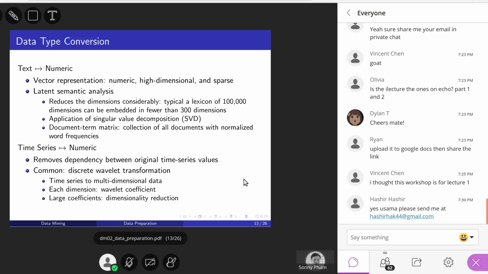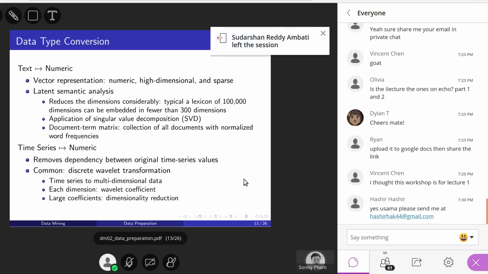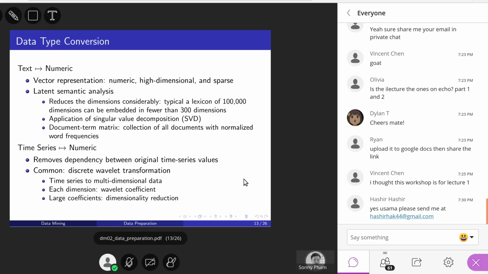Text to numeric requires a little bit of linear algebra, but essentially, text is, if you talk about a document, it consists of a number of words, and if we ignore the order of how the words appear in a document, then we can capture them in a vector, which means that each entry encodes the occurrences of a particular word in that document with respect to a particular reference, and the reference is what I call a lexicon or dictionary.